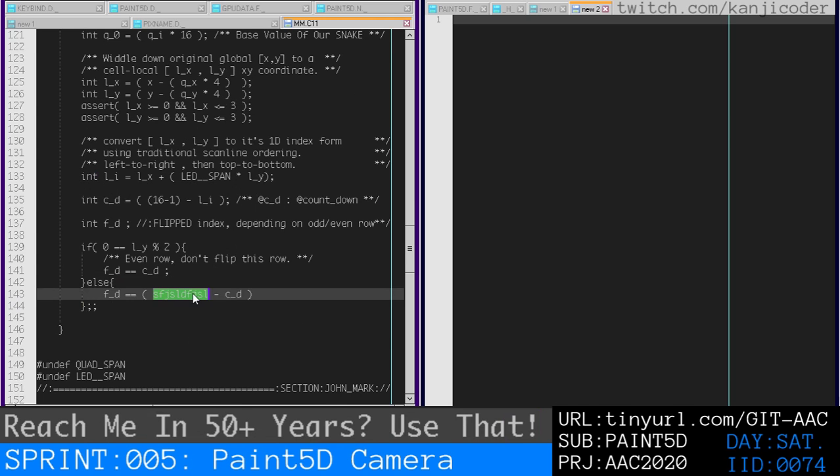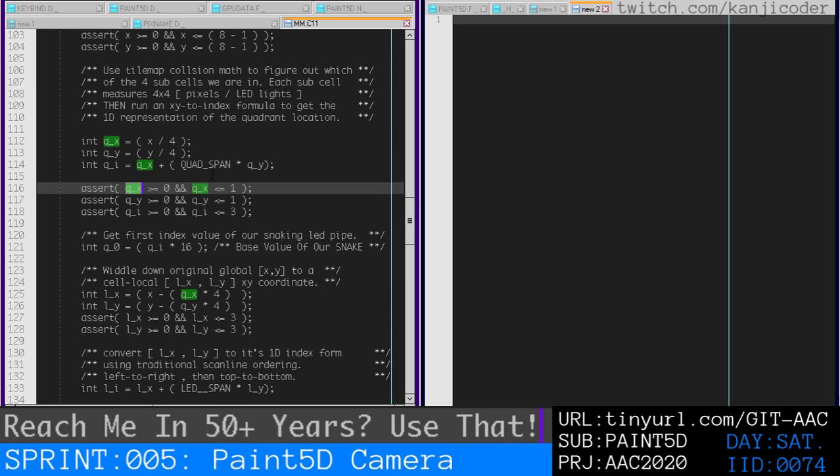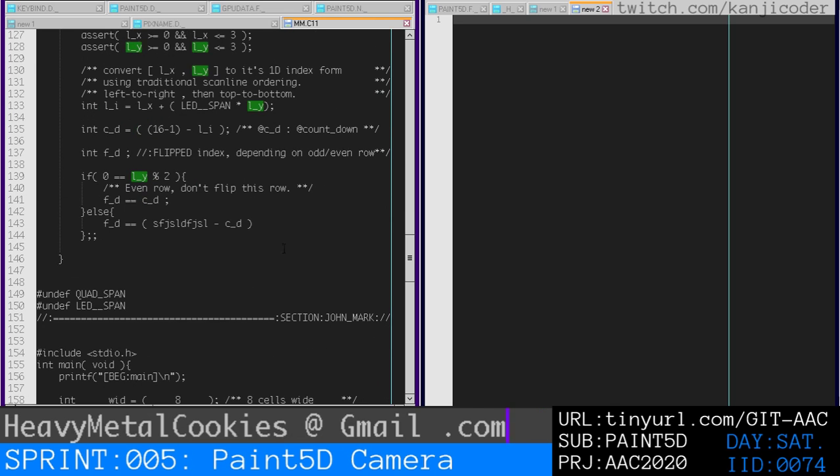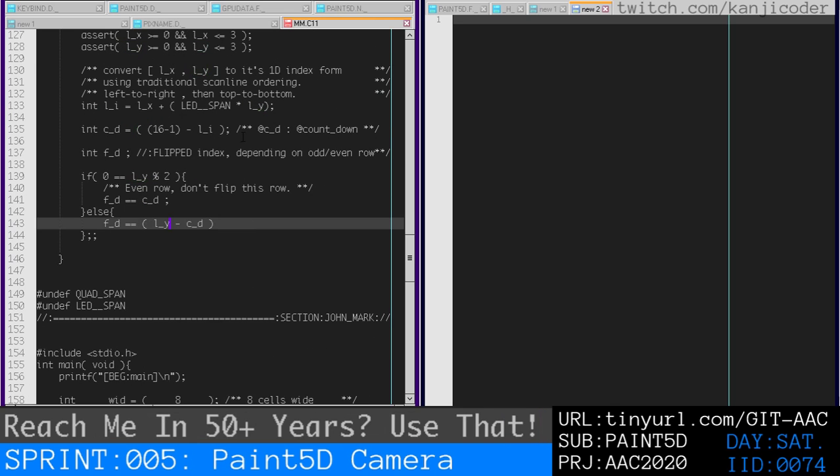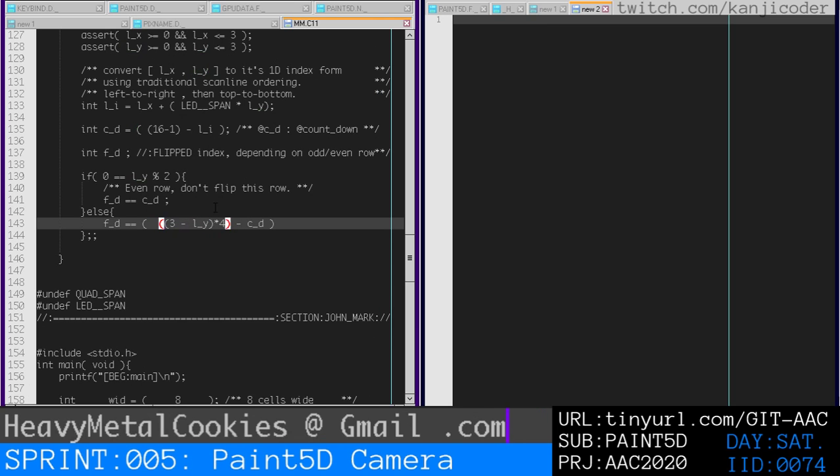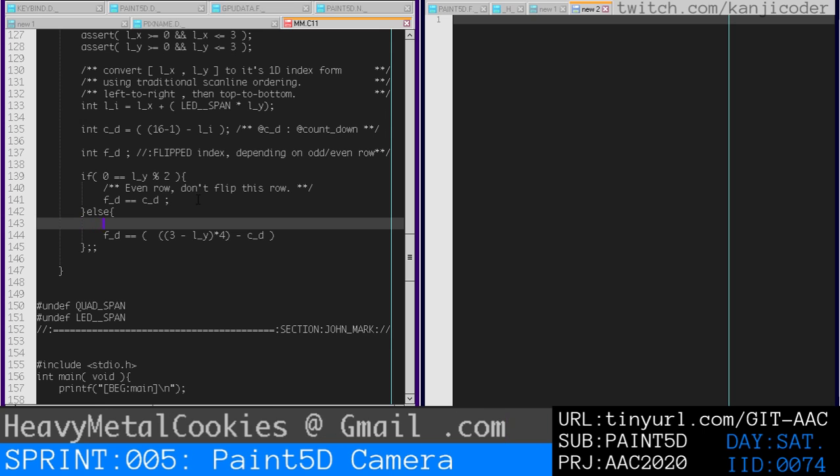So we're going to take the y. It's not the qx, it's the local y. Right, we have to flip it. So invert the y. Invert local y-axis, 3 minus Ly.